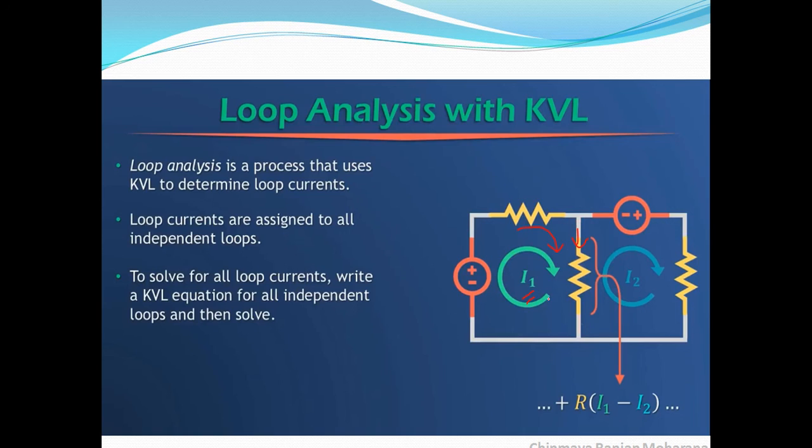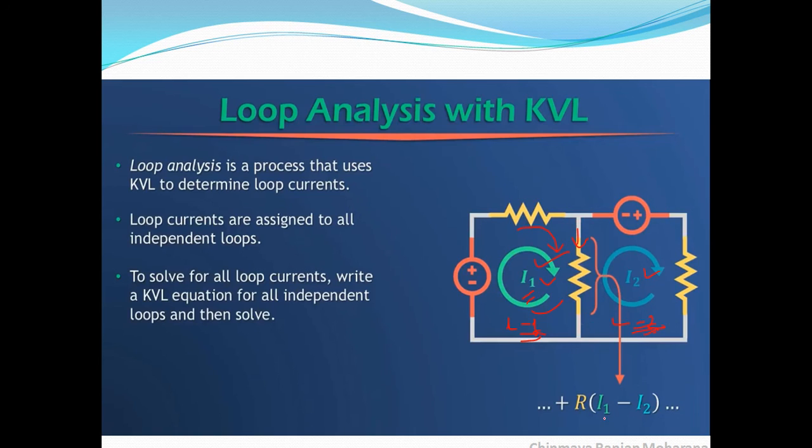If we call this loop 1 and this loop 2, if we consider loop 1, then our I1 current will be greater, and if we consider loop 2, the I2 will be maximum.